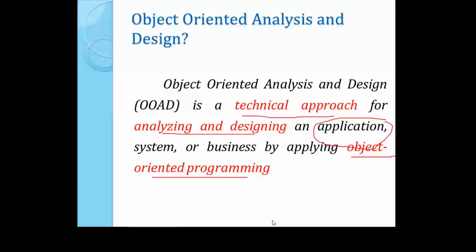Before Java? Yes, C++. No, C is not an object-oriented programming language. That is what I am trying to say here. C is not an object-oriented programming language. C++ is an object-oriented programming concept. Okay, you may unmute. Thank you, ma'am.